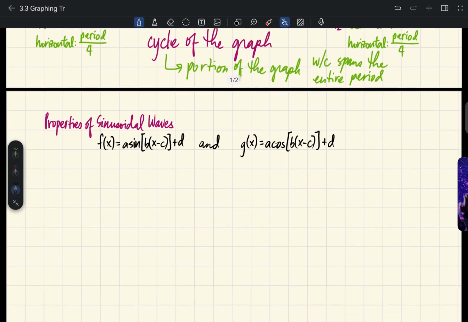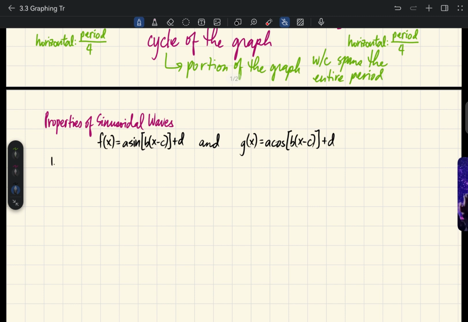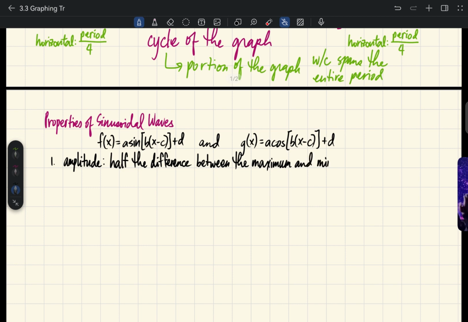So first property of your sinusoidal waves is what we call the amplitude of the wave. And amplitude is defined as half the difference between the maximum and minimum y value.